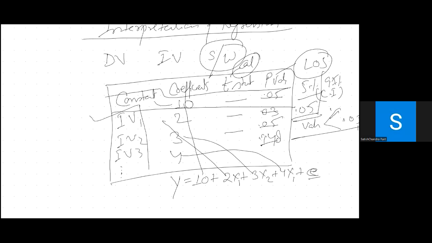So the constant is significant, IV1 is significant, IV2 is significant, but IV3 is not significant, because 0.148 is greater than 0.05, therefore insignificant.